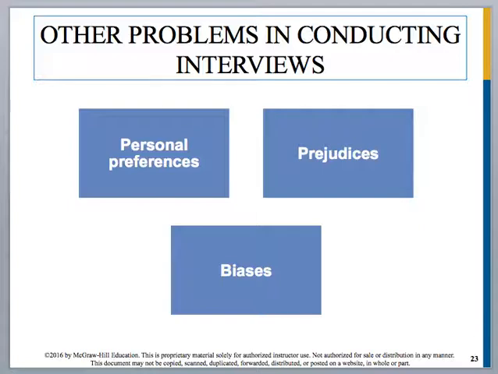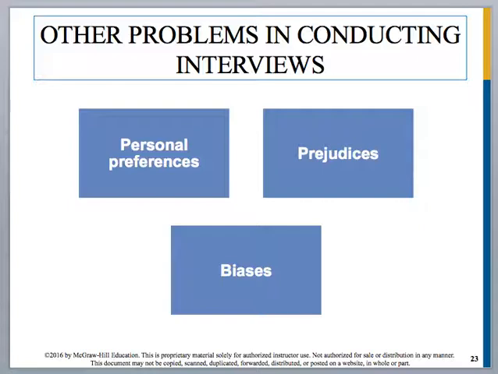Other problems, of course, are personal preferences, our own prejudices, and our biases. Interviewers with biases or prejudices tend to look for behaviors that conform to those biases. So, as I mentioned earlier, you can have the appearance. There's the concept of social status, how someone dresses, their race, their gender.